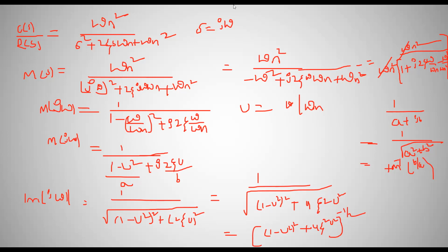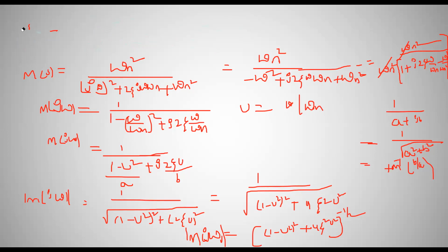So all of you clear? This is the magnitude, 1 minus u square whole square plus 4 zeta square u square whole to the power of minus 1 by 2. Now for the maximum value, what is the definition of the resonant peak?